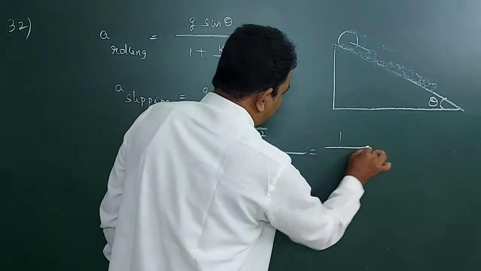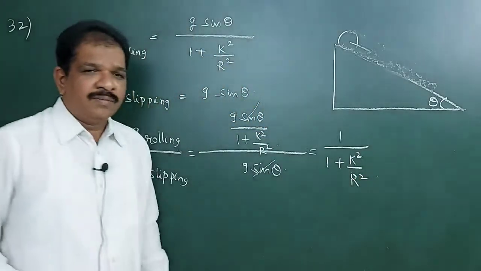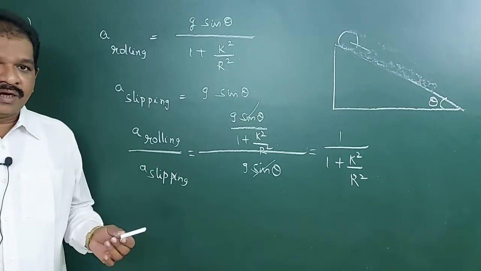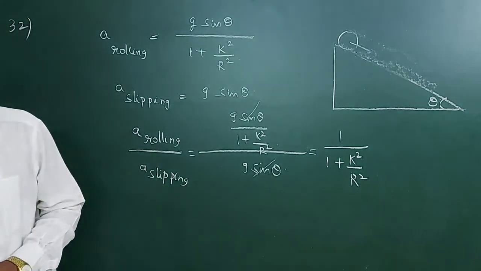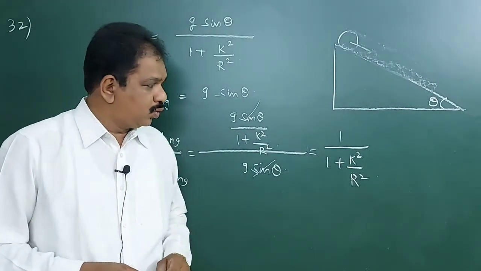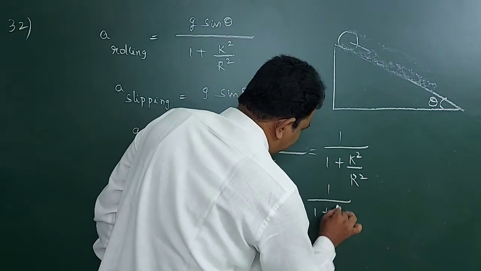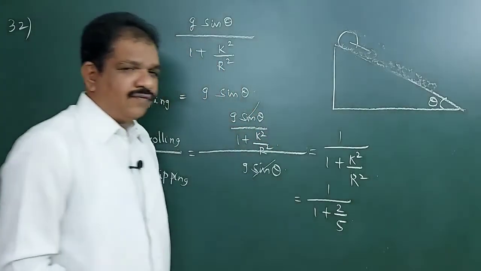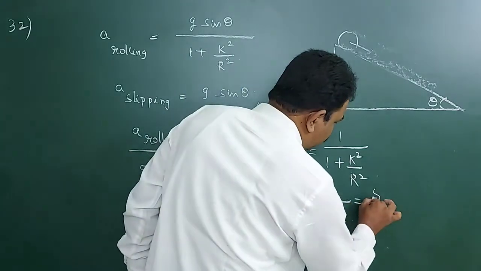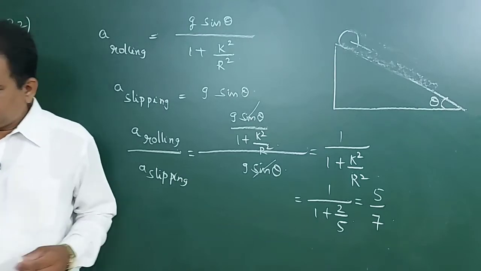So this is 1 by 1 plus K square by R square. For a solid sphere, K square by R square is equal to 2 by 5. So this value is 1 by 1 plus 2 by 5, which is 1 by 7 by 5. 5 comes to the numerator, so this value is 5 by 7.